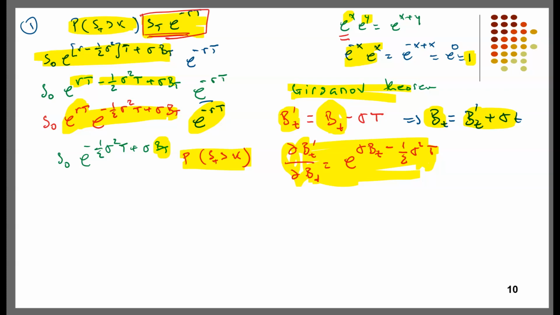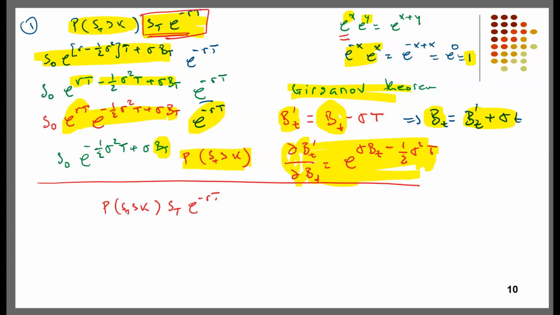What does that mean? And that's why I said this is a little tricky. What I'm saying here is that instead of writing P of ST greater than K multiplied by ST exponential of minus RT, this would essentially, for our purpose, be equal to the following.